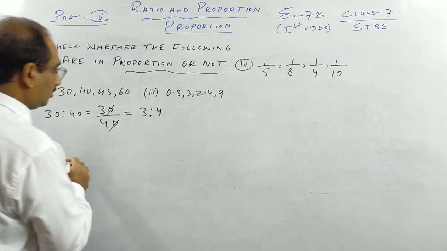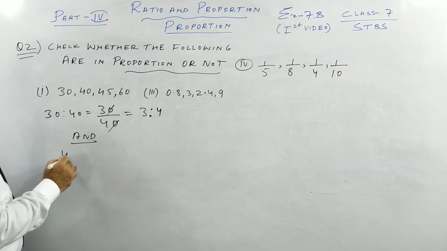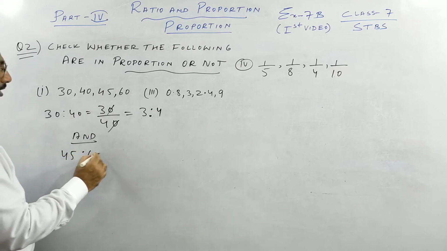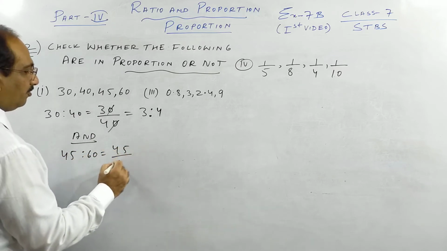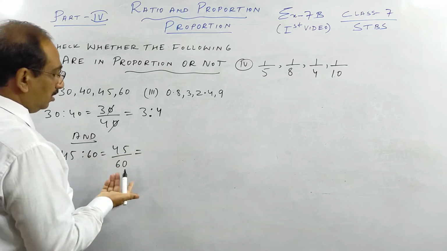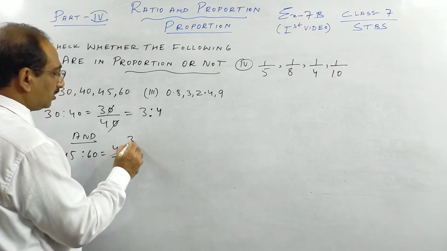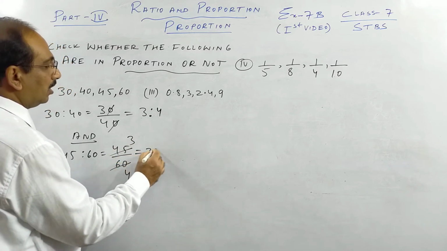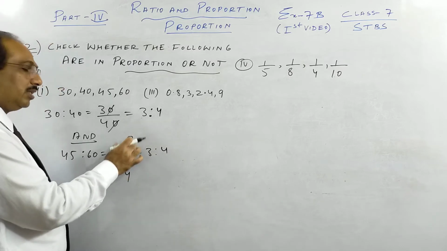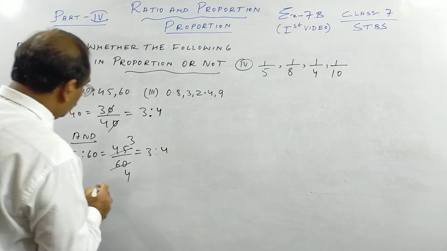So this is 3 is to 4, and 45 is to 60, which is 45 by 60. If you cancel, you can cancel with 3 and 5, or directly with the HCF, I'll teach you. 15 threes are 45, 15 fours are 60. So you can do it with 3 and then 5, because 15 goes by 3 and 5. So both of them are equal.